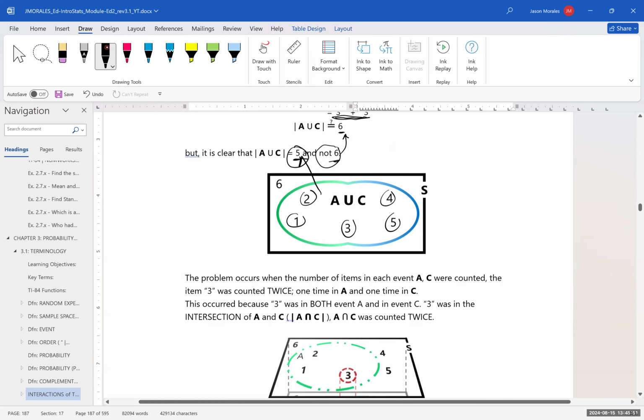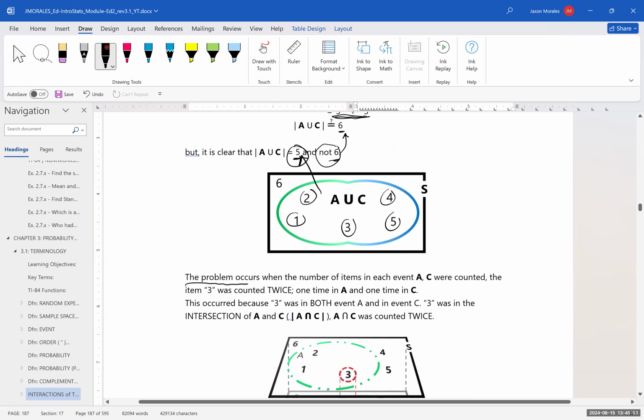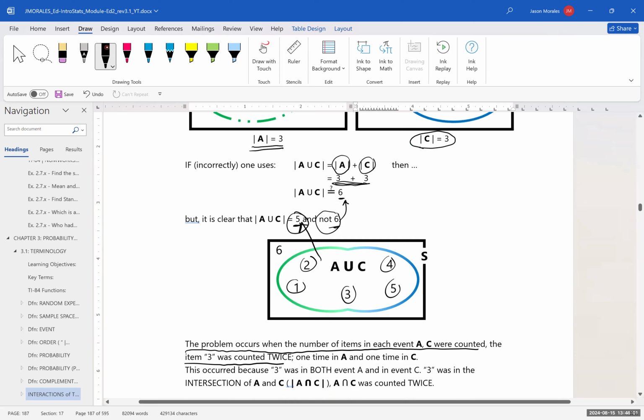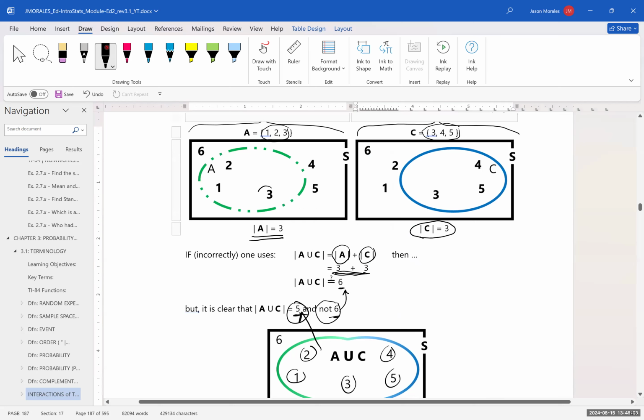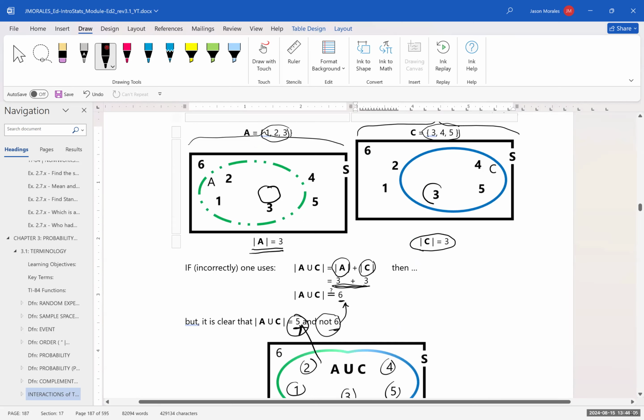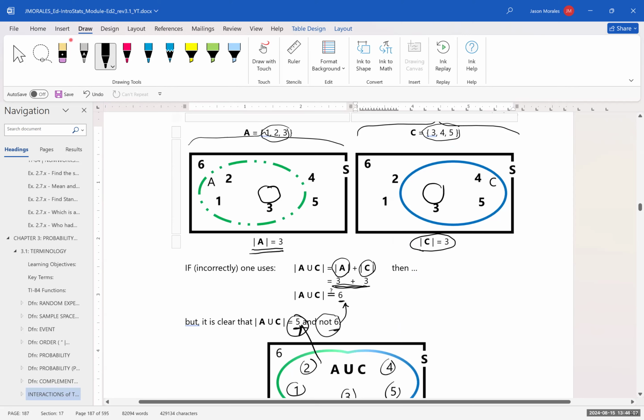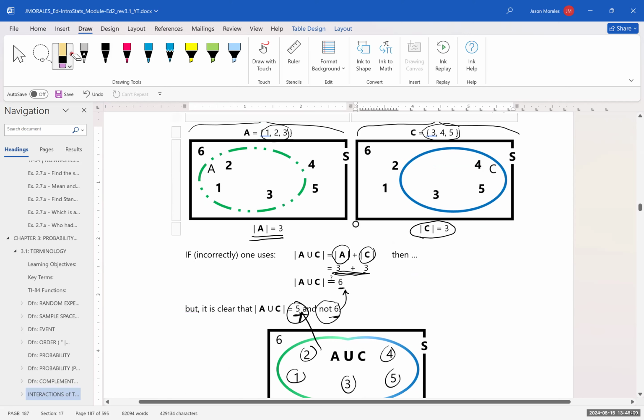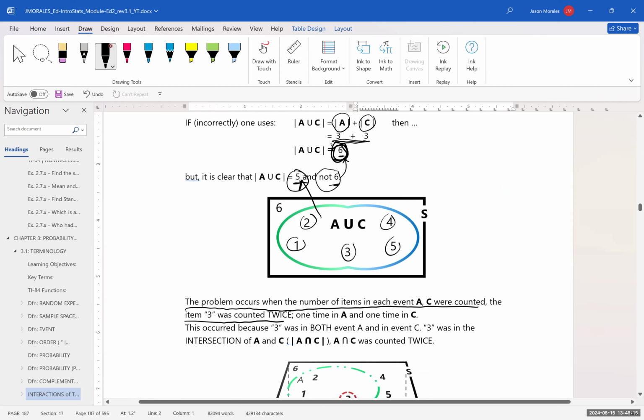So why does this happen? The problem occurs when the number of items in each event were counted. The item 3 was counted twice. Up here, 3 was counted once, and then 3 was counted again a second time, and that gave us an incorrect value for the union of two events being 6.